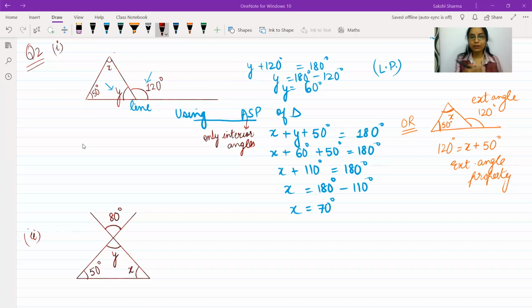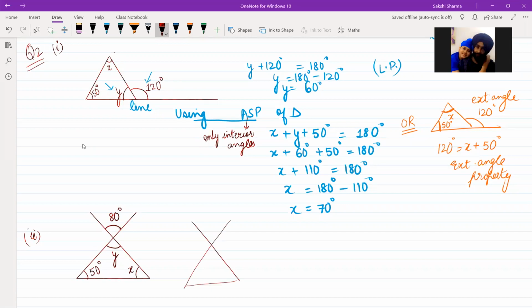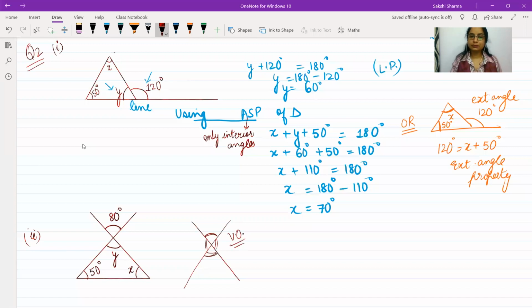If you can recall the way I drew the figure, I first drew a cross like this, then I completed the triangle, right? Yes, ma'am. So when I made this cross, you should know that the angle over here will be equal to the angle over here, and the angle here will be equal to the angle here. These are vertically opposite. So this angle and this angle will be equal.